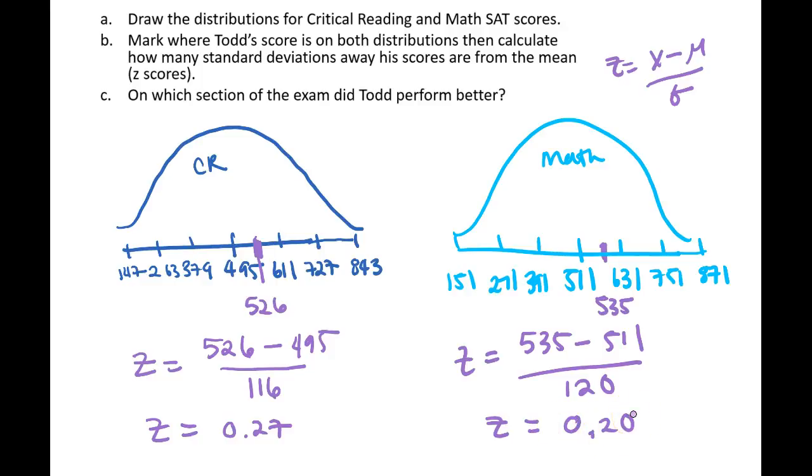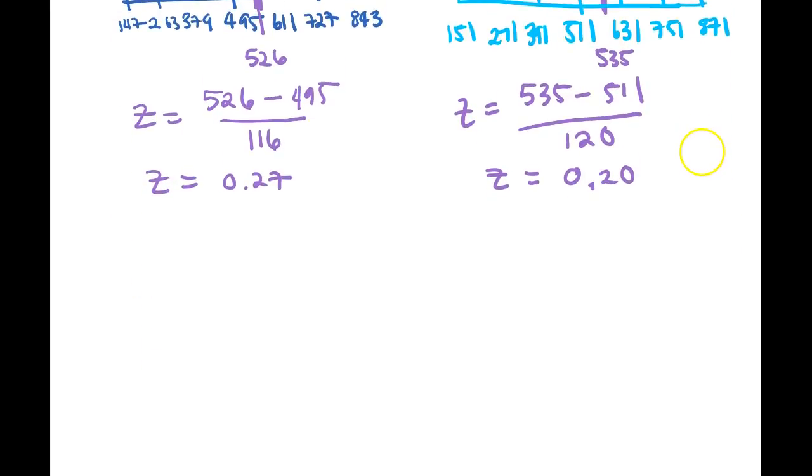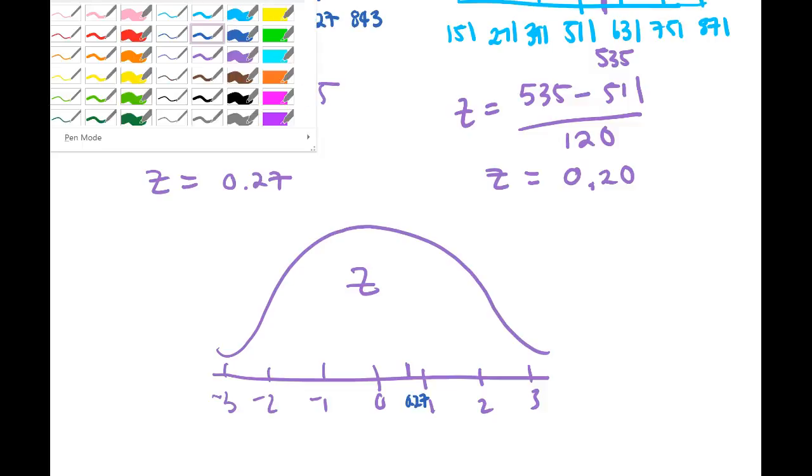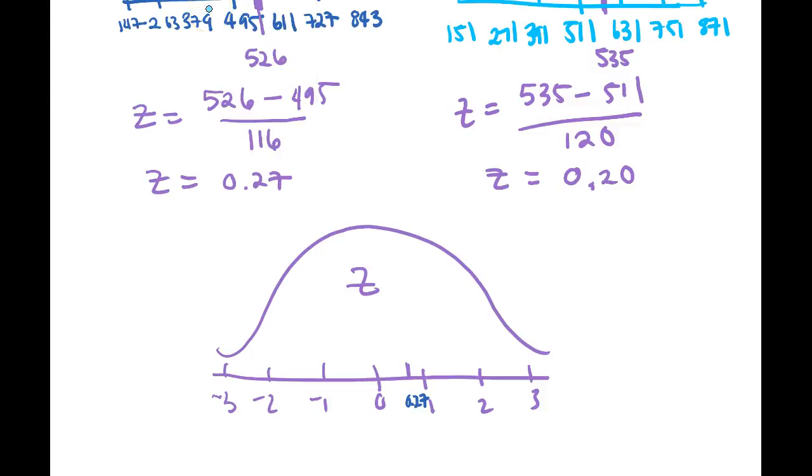So what this means is that if we were to draw this on a standard normal distribution that has a mean of 0 and standard deviation of 1, he scored 0.27 standard deviations up from the mean when we're talking about his critical reading score, and he scored 0.2 standard deviations away from the mean when we're talking about his math score.